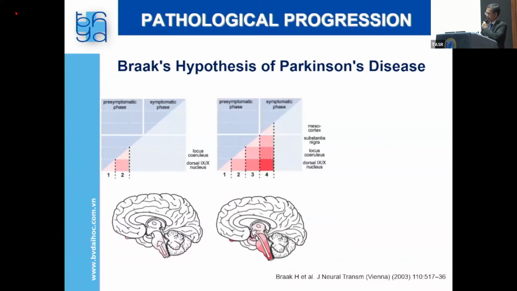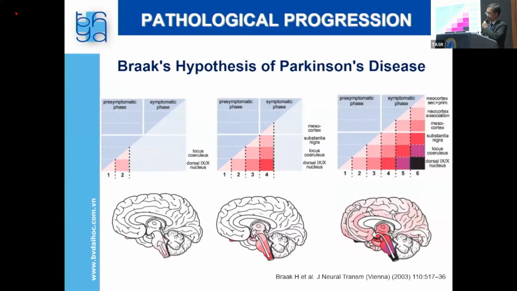And when the disease progresses to stage 3 and stage 4, the motor symptoms begin. You can see here the pathology affects the mesocortex and substantia nigra. So that's why the motor symptoms occur.